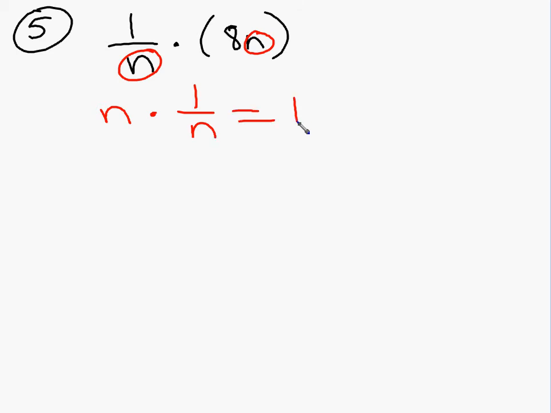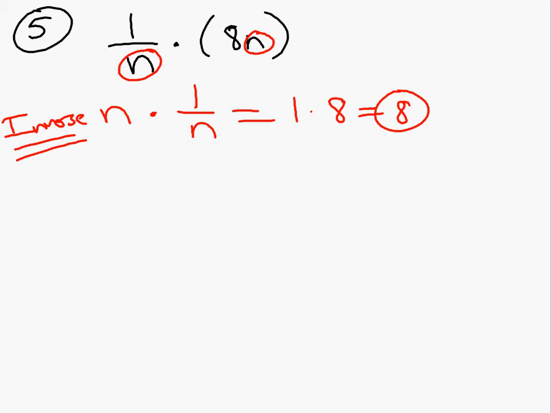A number times 1 over that number is 1. We called that the inverse. All right? So now I've just got 1 times 8, which is 8. You're going to see some like that tonight. Make sure you refer back to your notes. 1 over n times 8n, well, it's just the inverse. All right?